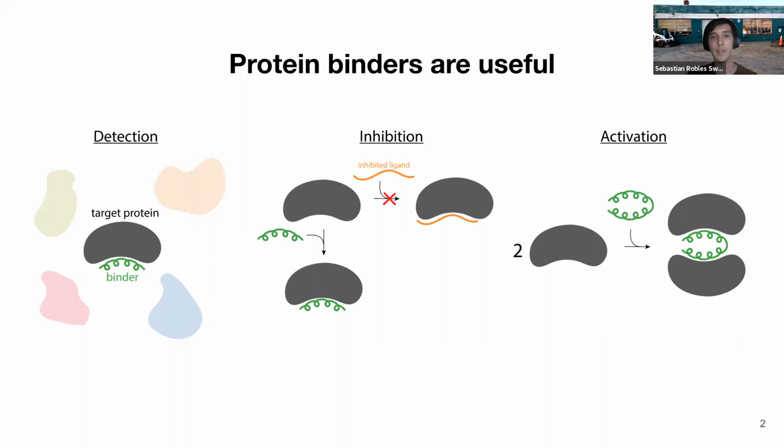You could either bind something and stabilize some conformation that has enzymatic activity, or you could stabilize a dimer. There's all kinds of applications for these. While it's currently difficult to generate binders, the ability to do this on demand would have big implications for science and medicine as a whole. So today I'll talk about the method that we're working on in our lab to design these protein binding peptides that can potentially fill this role.